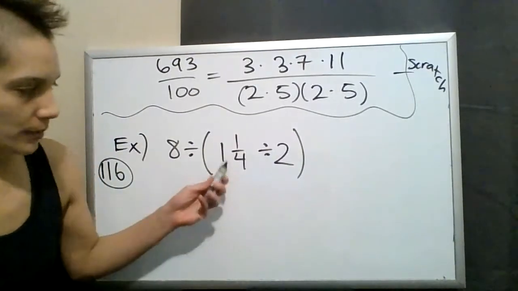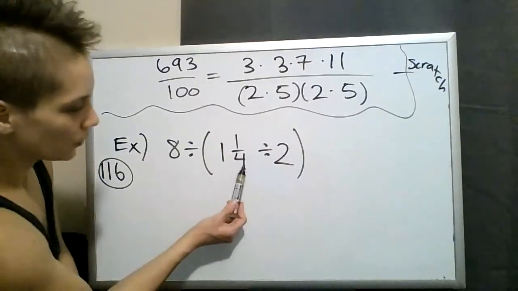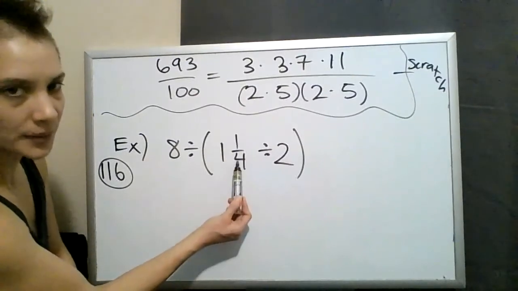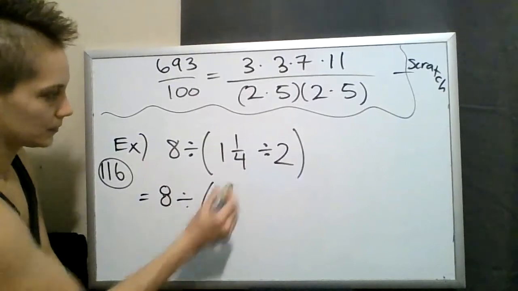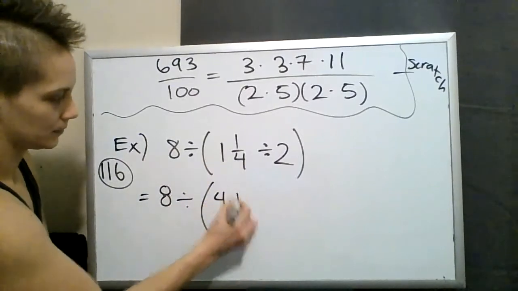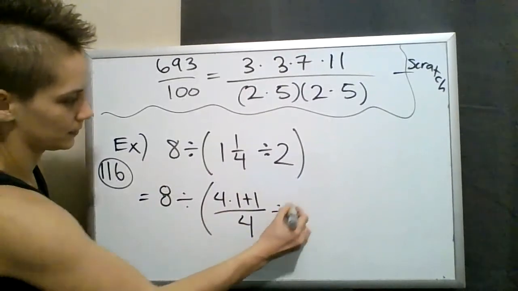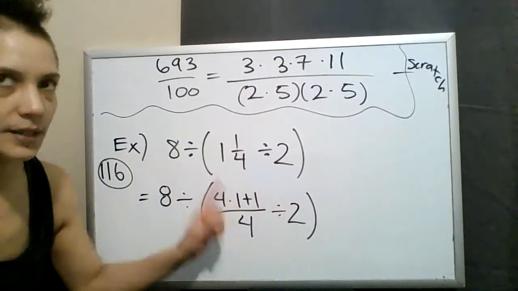I would start with rewriting this first. So 1 1/4, you take 4, multiply with 1, add 1, still over 4. Okay, 4 times 1 is 4, then you got plus 1.